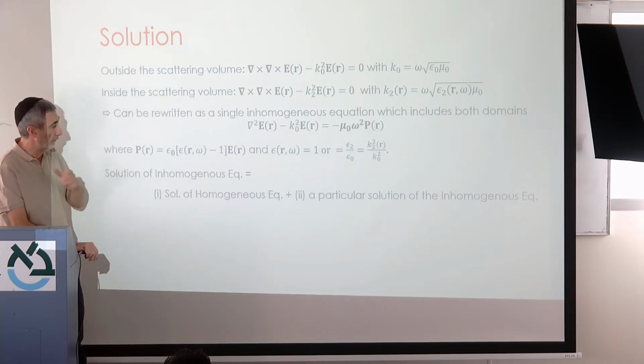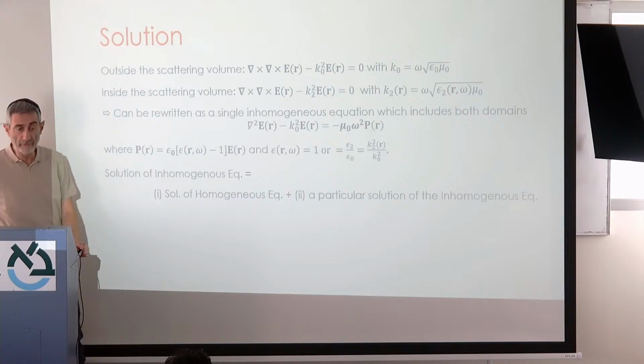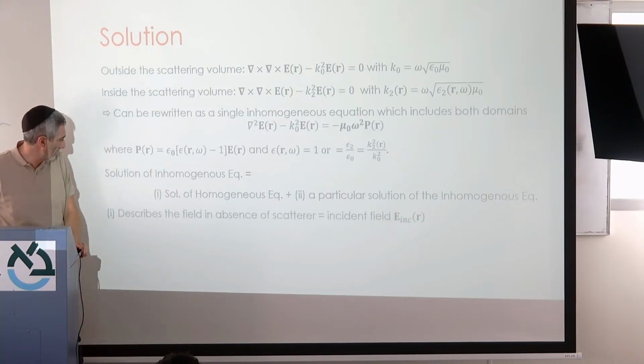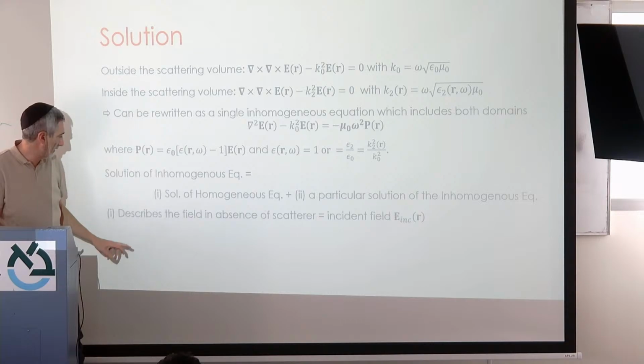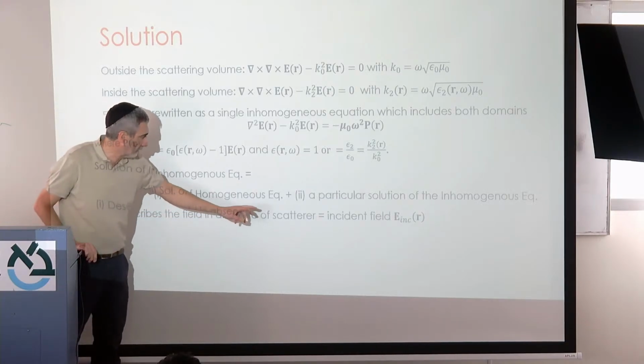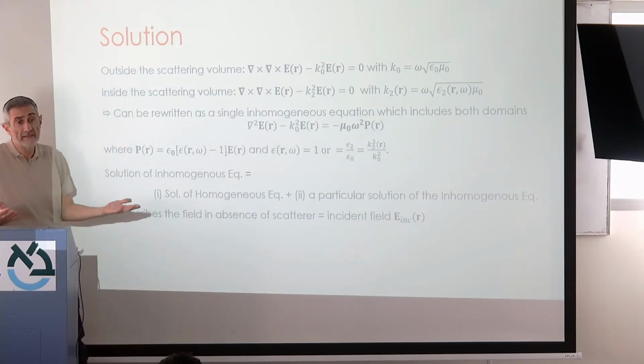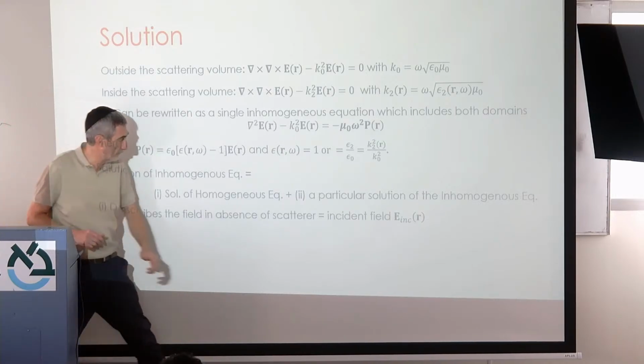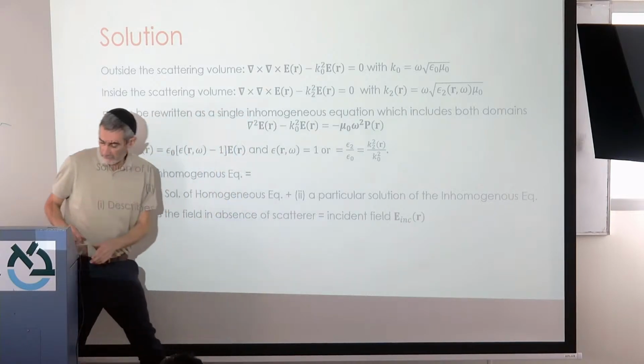That's the general way to solve such an equation. I'm sure you are familiar with that. So what is the solution of the homogeneous equation? This part here describes the field in the absence of the scatterer. So this is simply the incident field, E incident as a function of r.